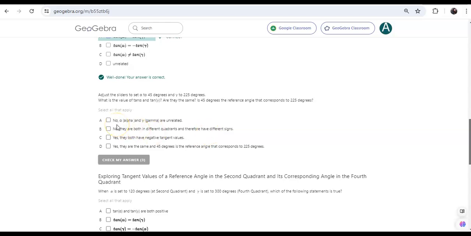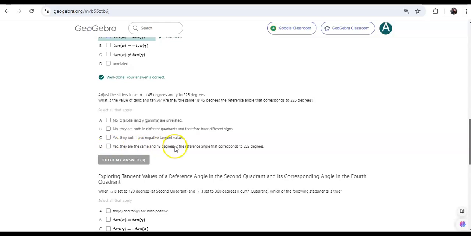First option: no, alpha and gamma are unrelated. B: no, they are both in different quadrants and therefore have different signs. C: yes, they both have negative tangent values. Or D: yes, they are the same, and 45 degrees is the reference angle that corresponds to 225 degrees.